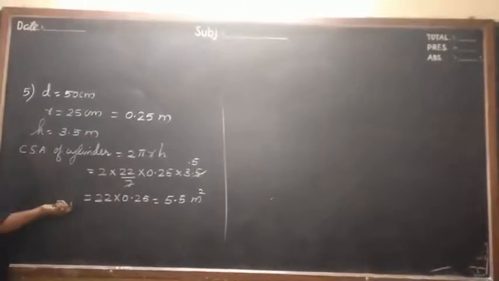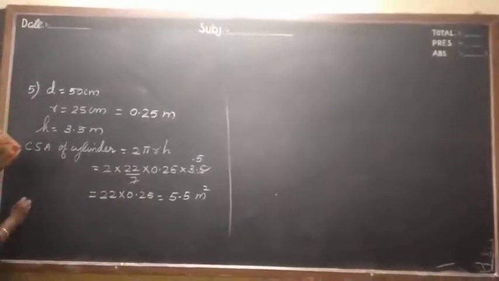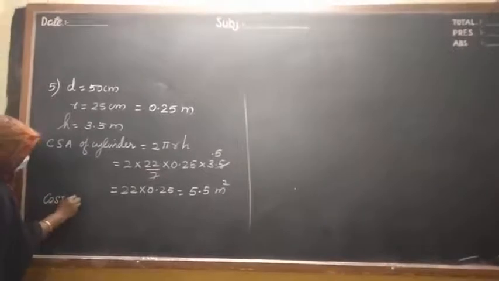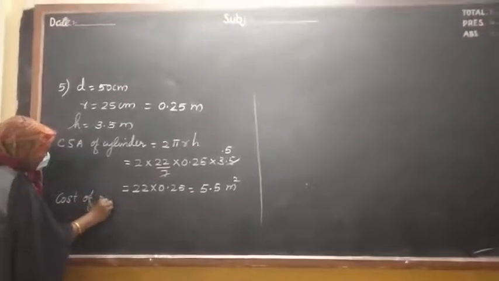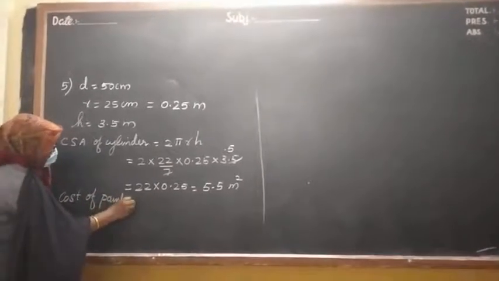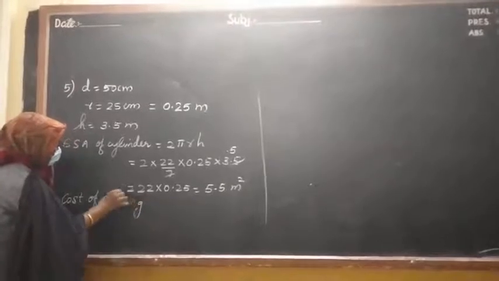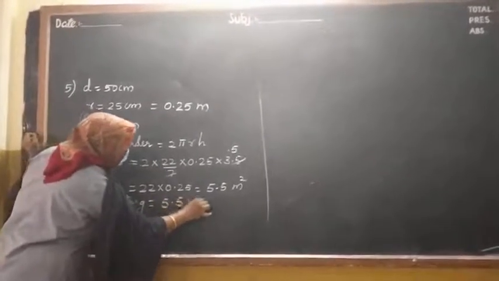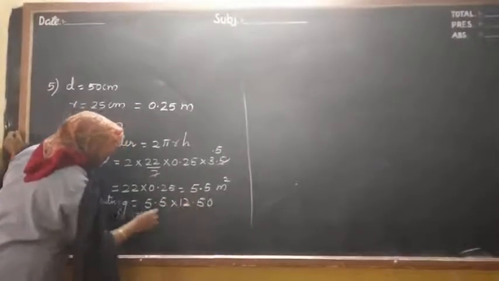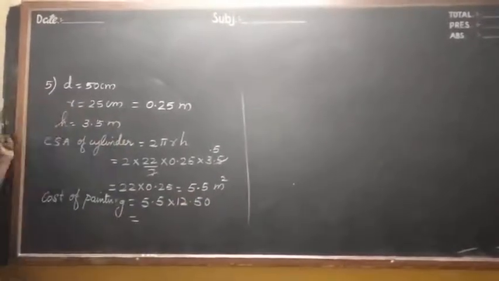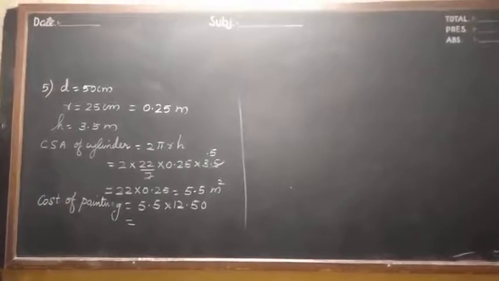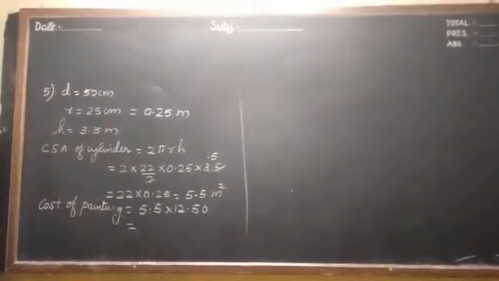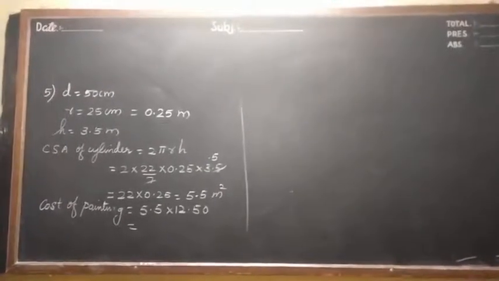Now, the cost of painting will be 5.5 multiplied by 12.50, that is 12 rupees 50 paise.